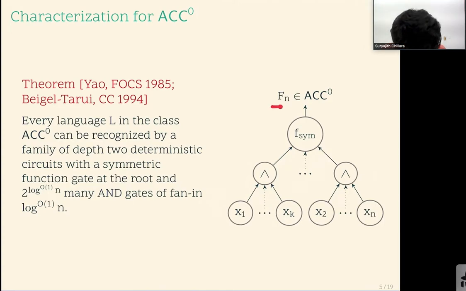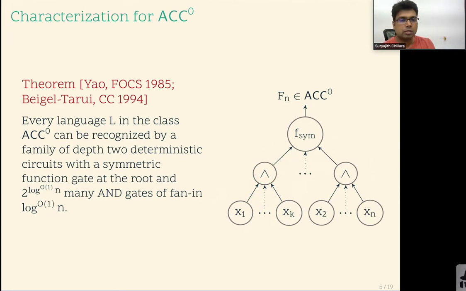So every function in AC0 can also be computed using a deterministic depth 2 circuit where the top gate is some symmetric function, and into the symmetric function go the AND gates, and into each of these AND gates there are polylog many variables that feed in.